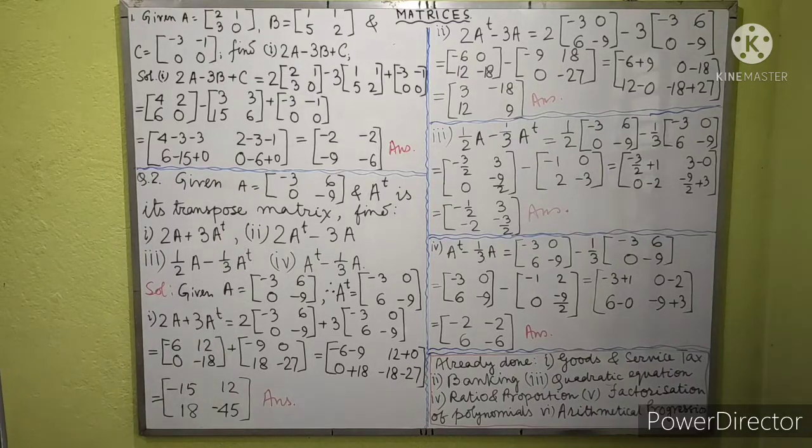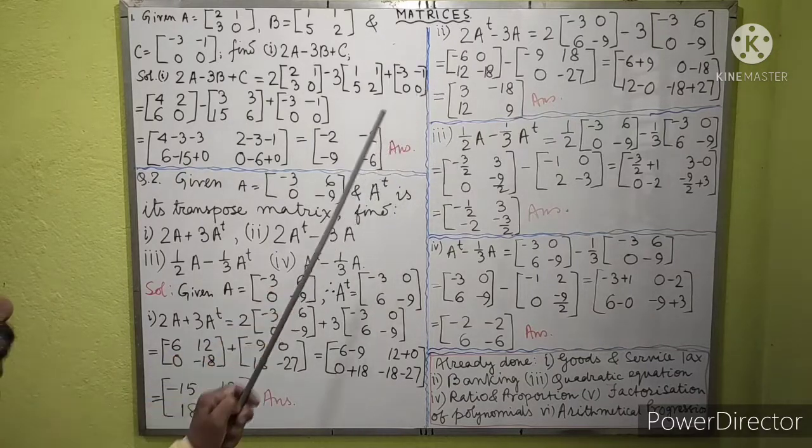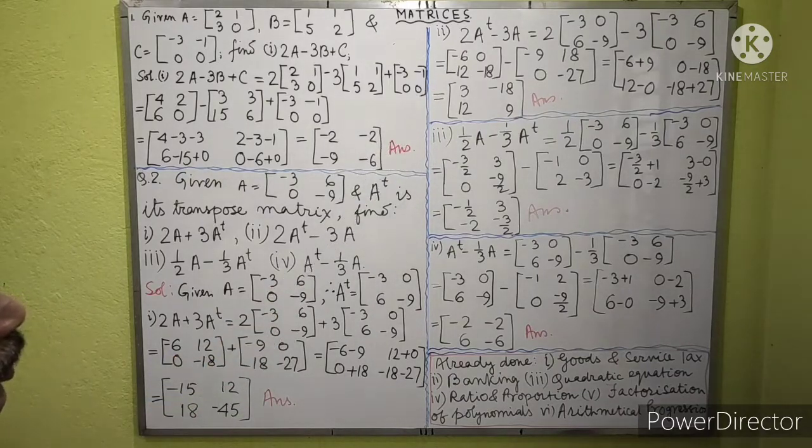Now question number 2, which is 2AT minus 3A. 2AT means twice the transpose matrix, which is 2 into [-3 0; 6 -9]. And 3A: multiplying A with 3, we get 3 into [-3 6; 0 -9]. Now 2 into minus 3 is minus 6, 0, 12, minus 18.